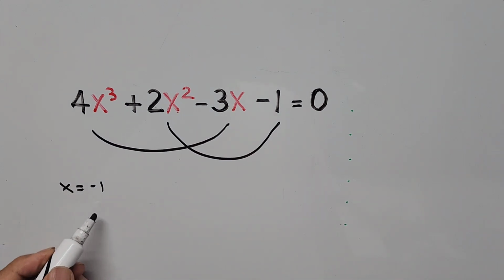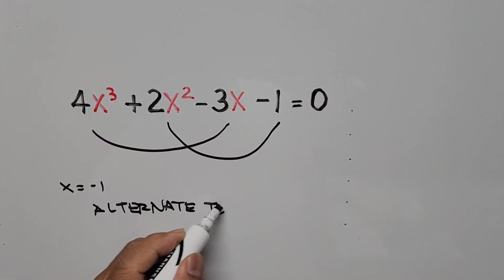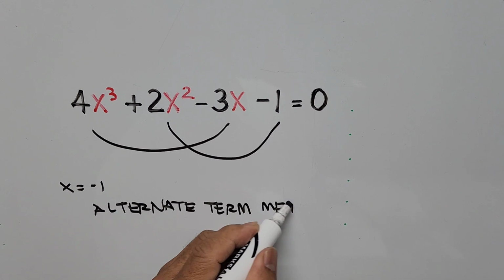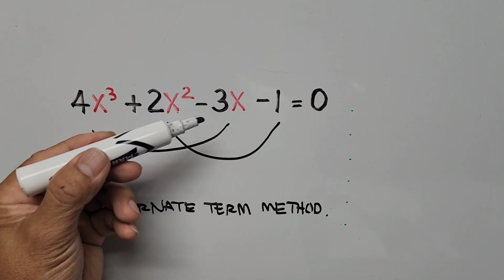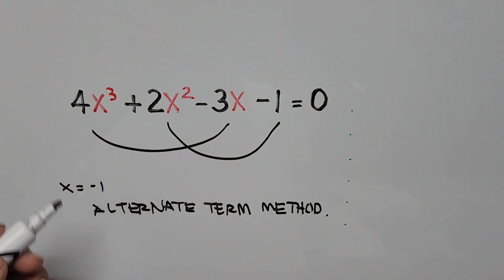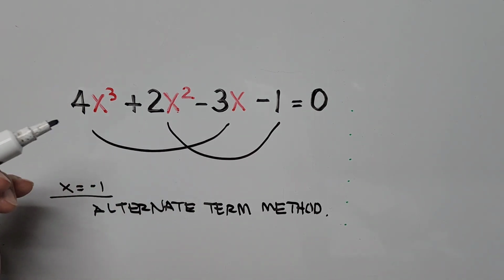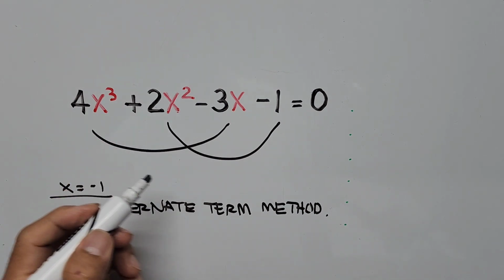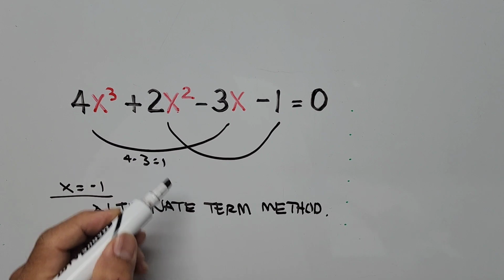So by using the alternate term method, if the algebraic sums of the coefficients of these two sets of terms are the same, then one of the roots of x will be -1. Here, 4 and -3, so the difference is 1, since 4 minus 3 is 1.